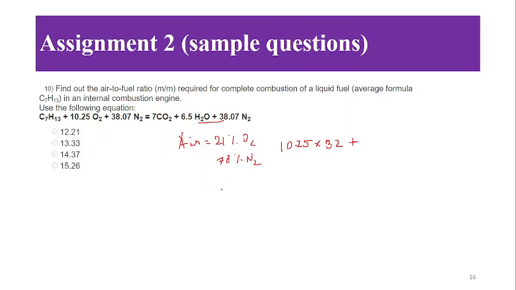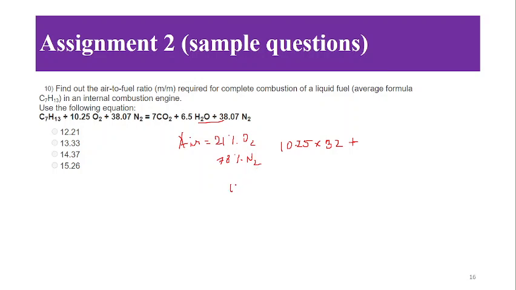So if we need 10.25 moles of O2, then by this relation, if air is 21% mole percent O2, there will also be 78% mole percent N2.